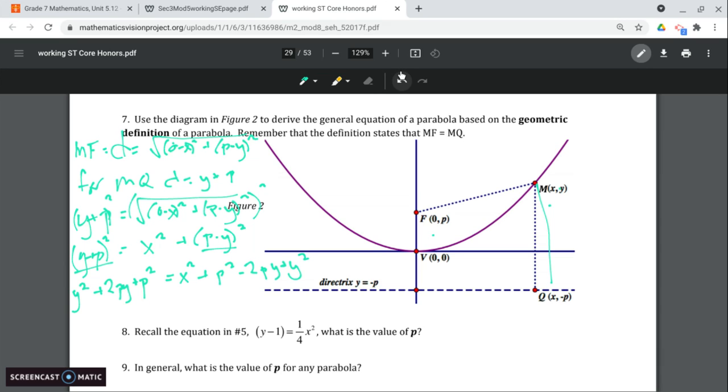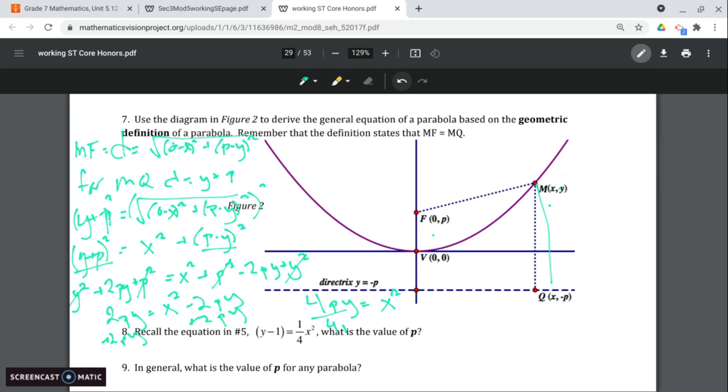Now we'll cancel things out. So we subtract the y squareds, they'll cancel. Subtract the p squareds, they'll cancel. So we have 2py equals x squared minus 2py. So add the 2py over, and we end up with 4py equals x squared.